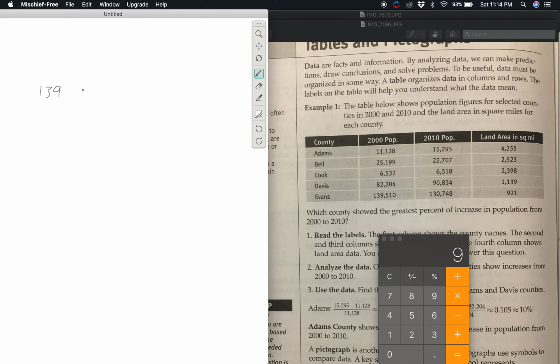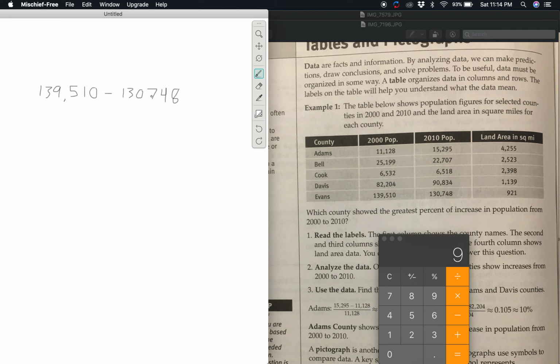It doesn't matter the order necessarily, like 2000 first, then 2010. It's just the larger number, minus the smaller number, which is 130,748.